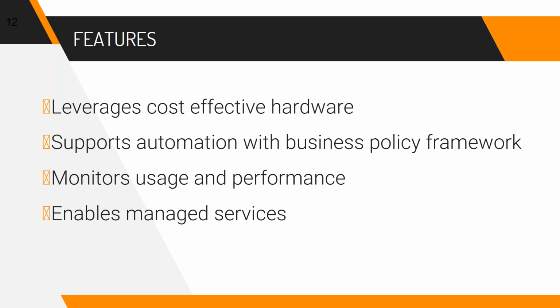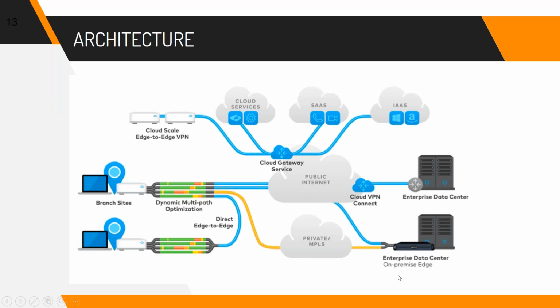We also have the ability to monitor usage and performance, and we can enable some managed services on our end. So we have the ability to control WAN policies all in one place. We'll show here on our next slide some deployment options.